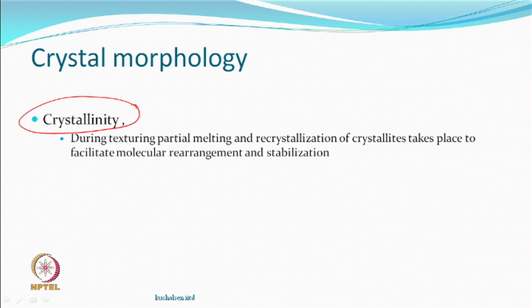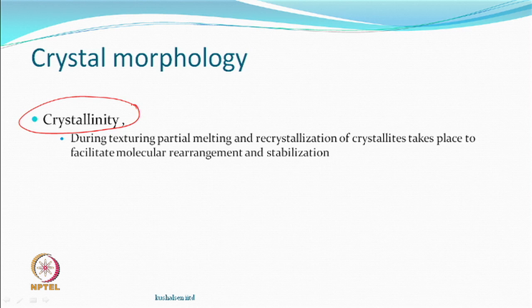X-ray diffraction. Very good. So, you can note this statement. What does the statement say? During texturing, we are talking about thermomechanical texturing, partial melting and recrystallization of crystallites takes place to facilitate molecular rearrangement and stabilization.